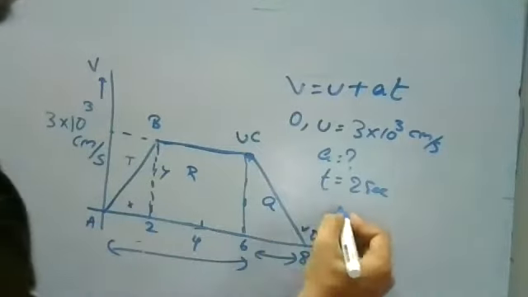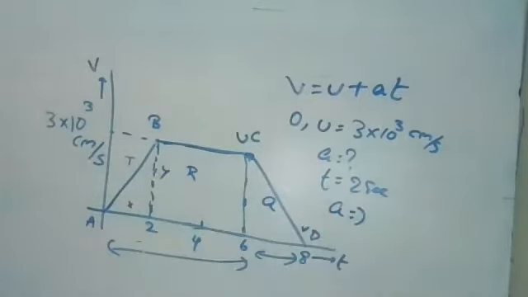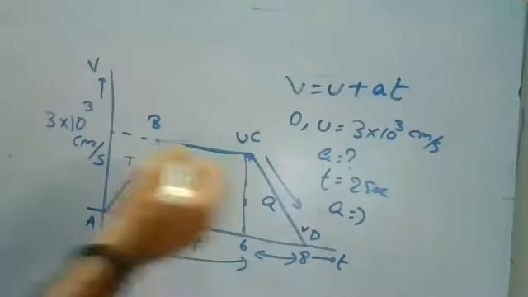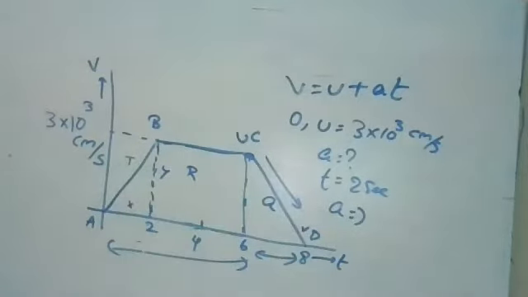Now find the acceleration from this. Remember, whatever acceleration you are taking, this was a decreasing acceleration. When it is decreasing, you have to mention the acceleration as minus. Here the plus should not come, it should be minus. Try to find the acceleration. Acceleration is minus 1.5 × 10³ centimeters per second square.